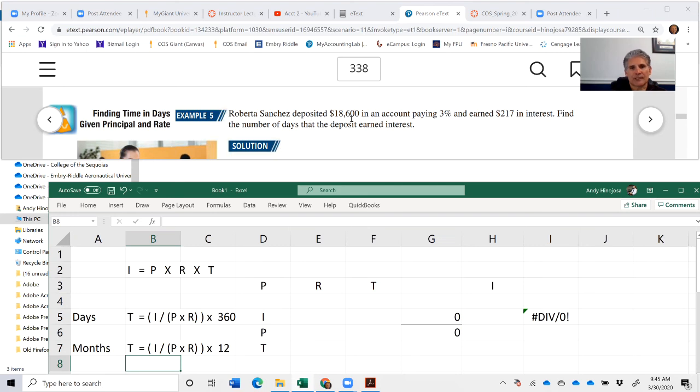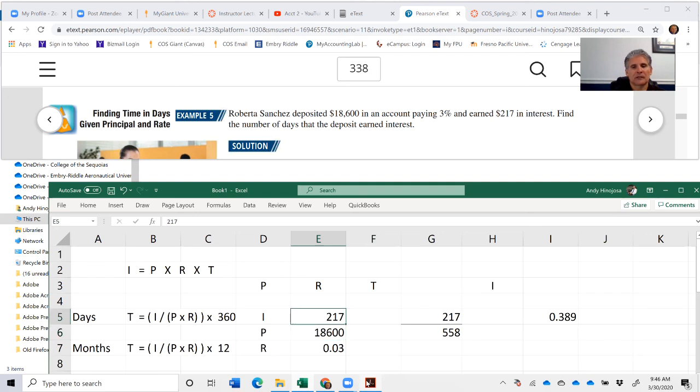We are given the deposit is $18,600. Make this the R now. So the deposit is $18,600. The rate is 0.03. And the amount of interest earned, $217.